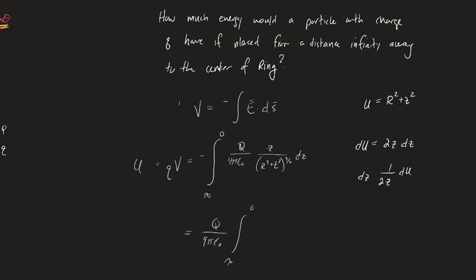So I'll have z times 1 over 2z times du over u to the 3/2. Is that our u sub? Did I make a mistake? Yeah. Would you change your limits according to you?